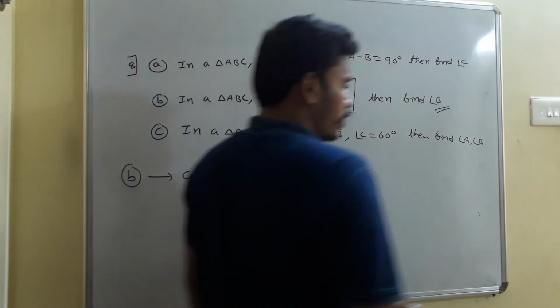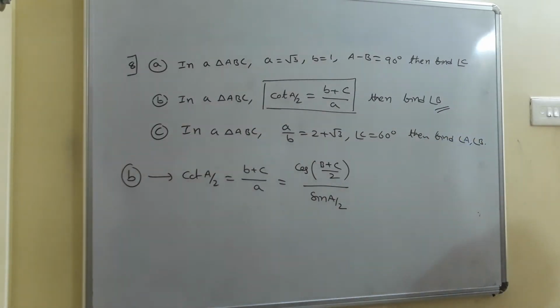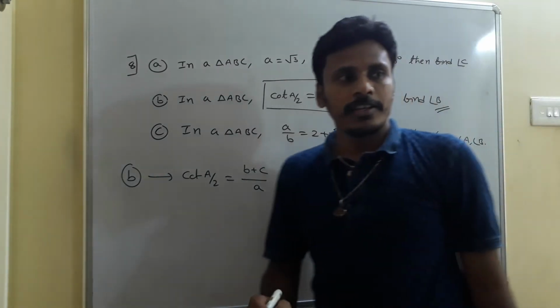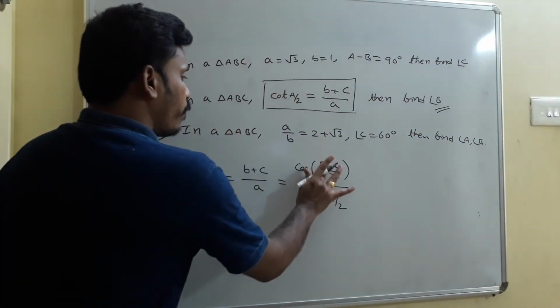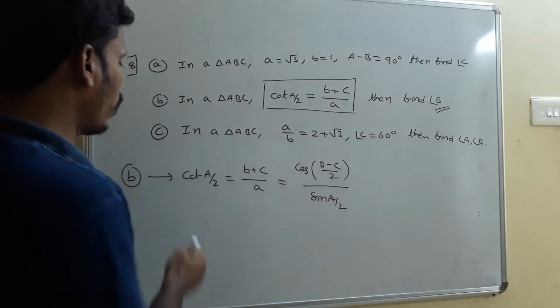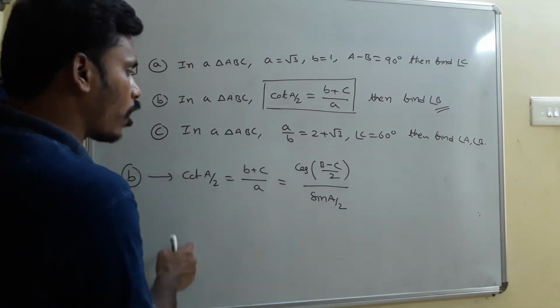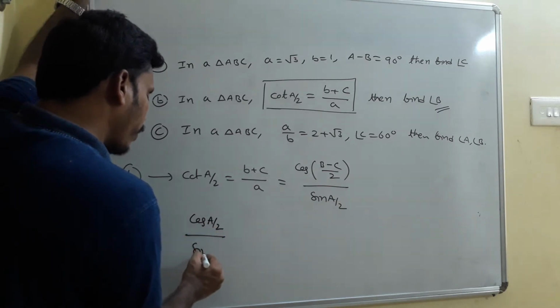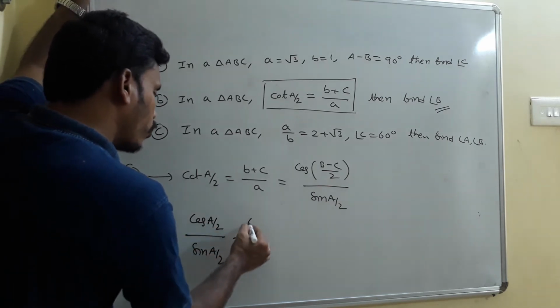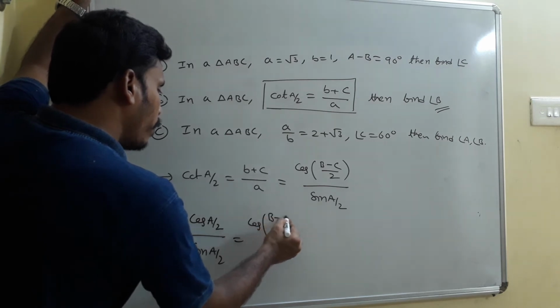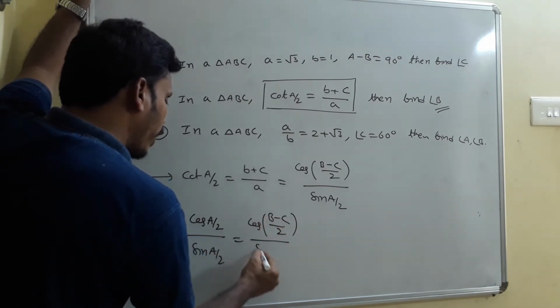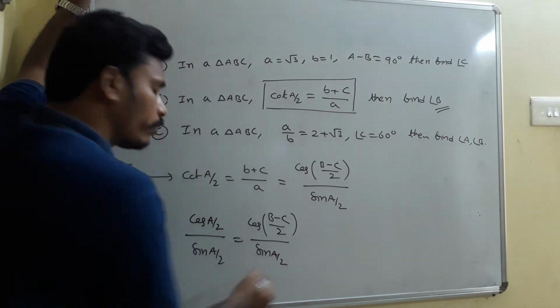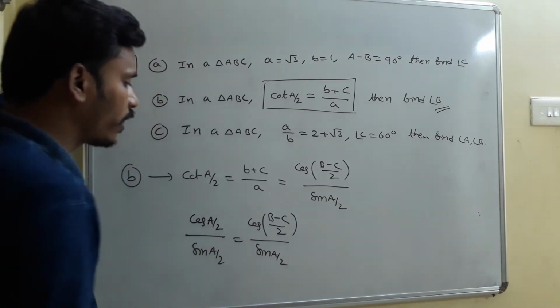That is the Mollweide rule for b plus c by a. And this cot A by 2 is just nothing but cos A by 2 by sin A by 2. The next step, cos A by 2 divided by sin A by 2 is equal to cos of (B minus C) by 2 divided by sin A by 2. And if you observe, these denominators will get cancelled.